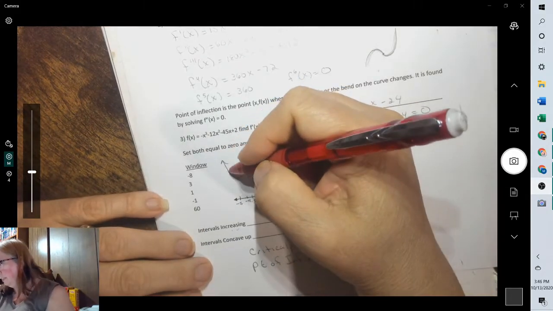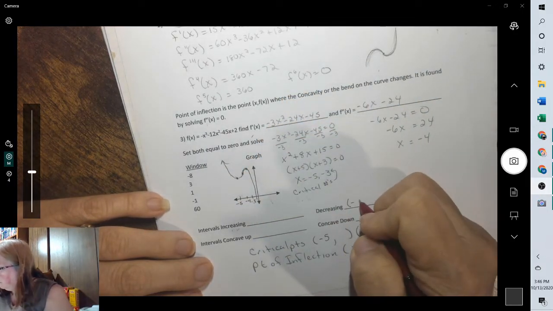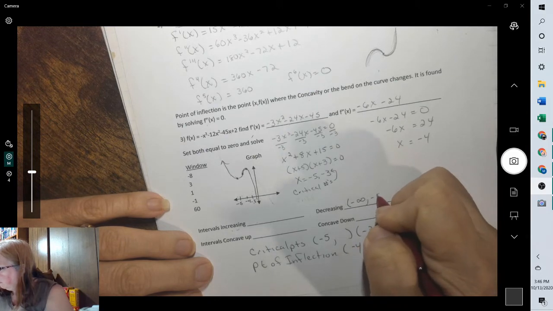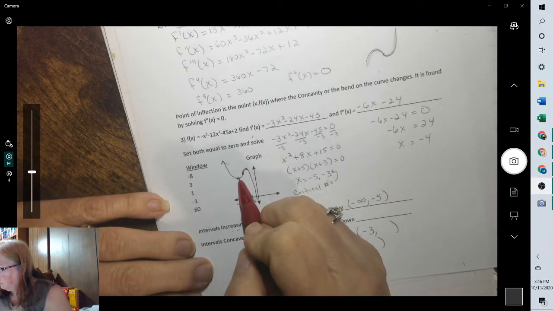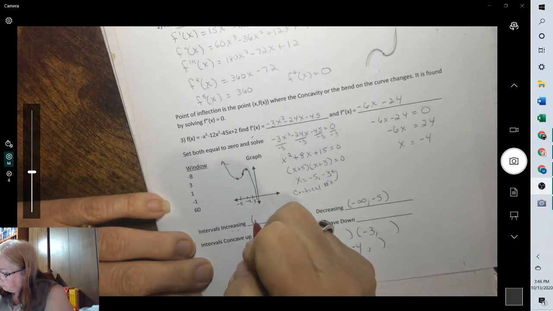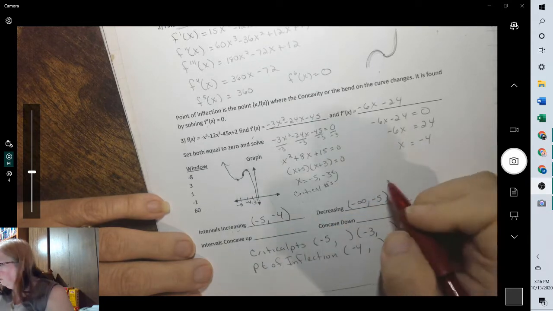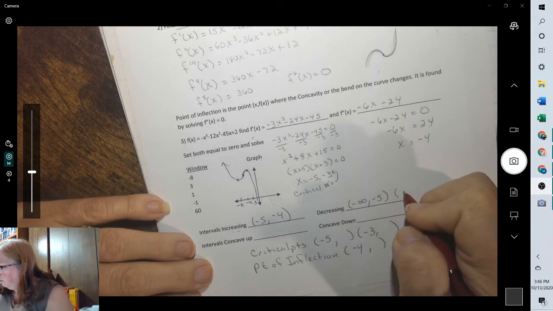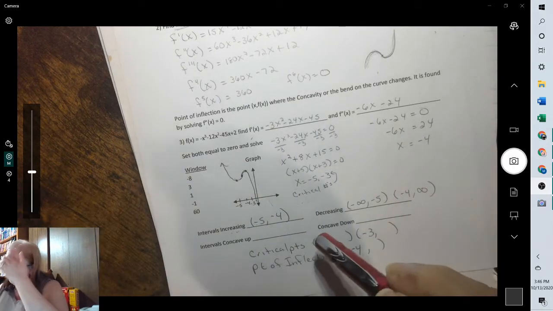So, intervals increasing and decreasing. We start out decreasing from negative infinity to negative 5. And then from negative 5 to negative 3, we're increasing. And then we decrease again from negative 3 to infinity.